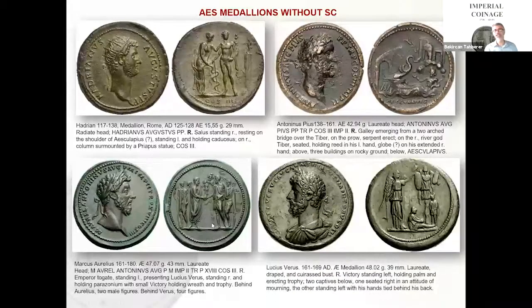And again, another medallion for Lucius Verus. The reverse is anepigraphic, just like the reverse of the Marcus Aurelius one, but the message must have been clear to the people that they were designed to be given to.